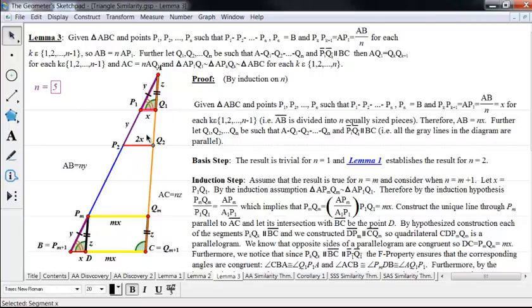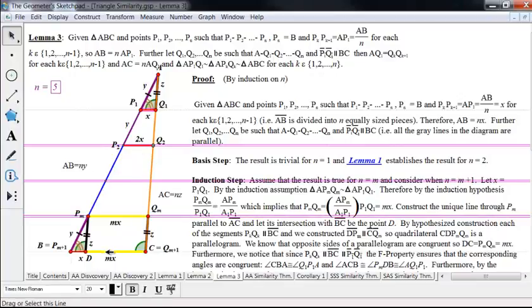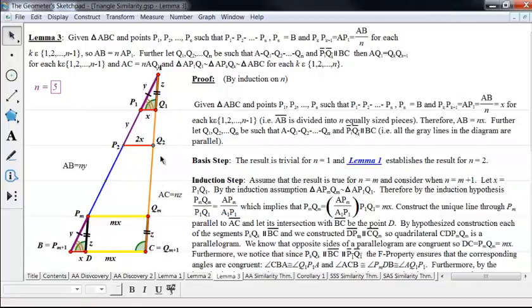Then we're also assuming that if we draw all these lines here parallel to the base down here, this line containing BC, then we get these other points here, Q1, Q2, and so forth. So where the line that goes through P1 parallel to the base intersects side AC at point Q1, and similarly Q2, and so forth.